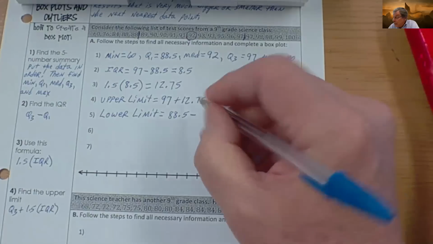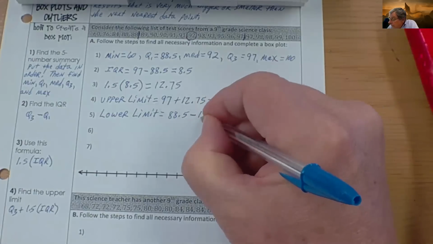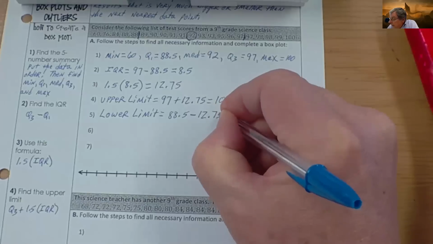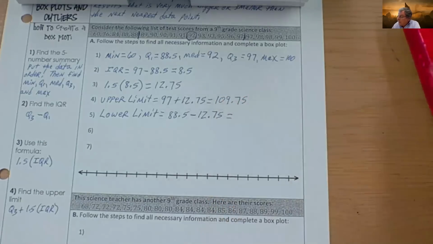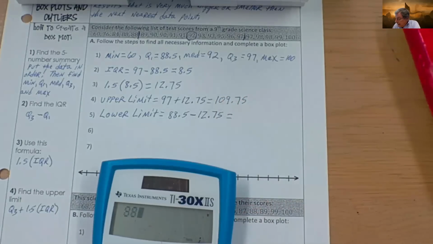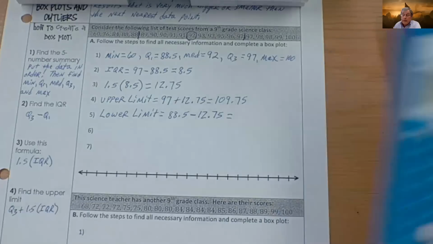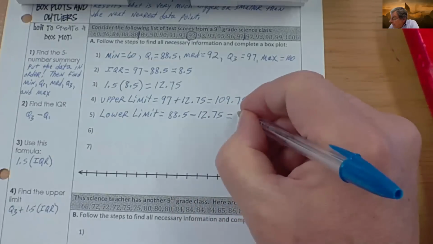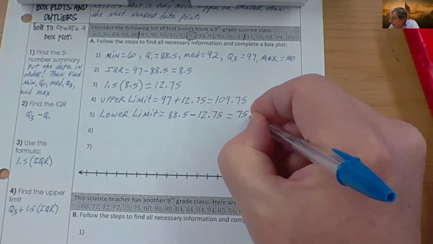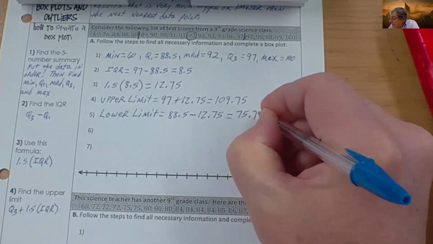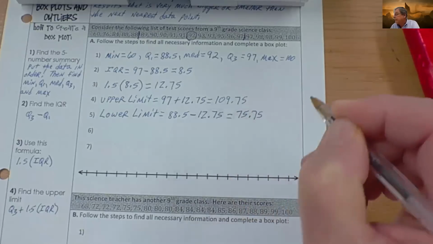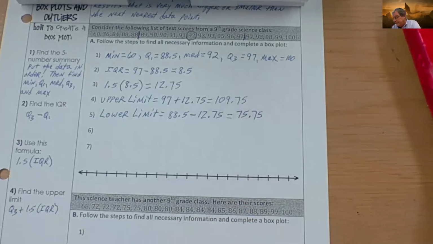And 1.5 IQRs we found to be 12.75. So 88.5 minus 12.75 equals 75.75. That's your lower limit.